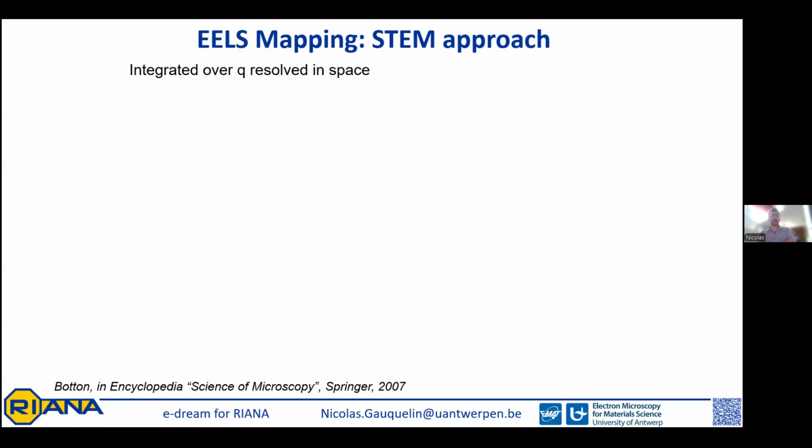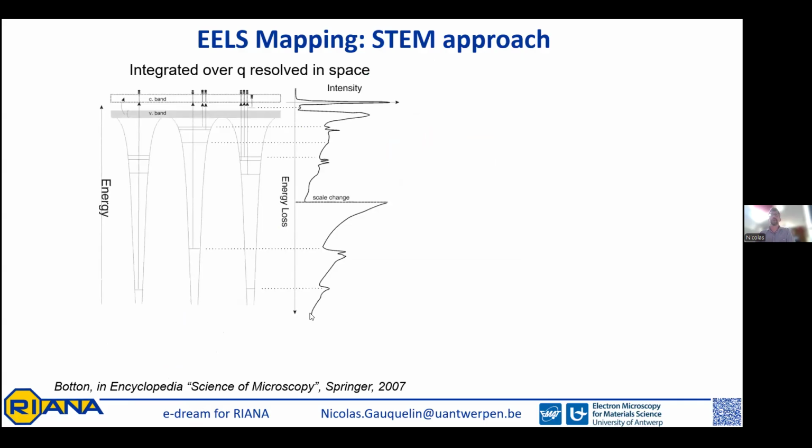But as you have in a scanning transmission electron microscope, you can scan the beam, and then what you do is that you integrate over Q, but you resolve it in space. So what you see here is our band structure, our intensity of the energy loss spectrum, like I showed you before.